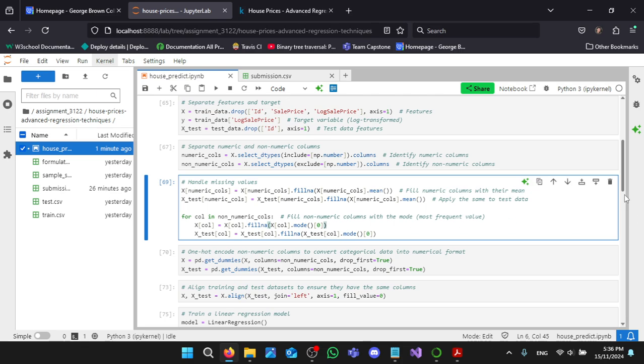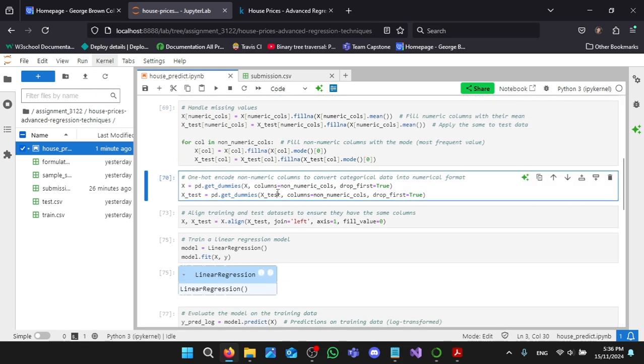The next thing I have to do is one-hot encode the non-numerical columns, to convert categorical data into numerical format. As I explained above, most machine learning algorithms, including linear regression, perform mathematical computation that relies on numerical data.